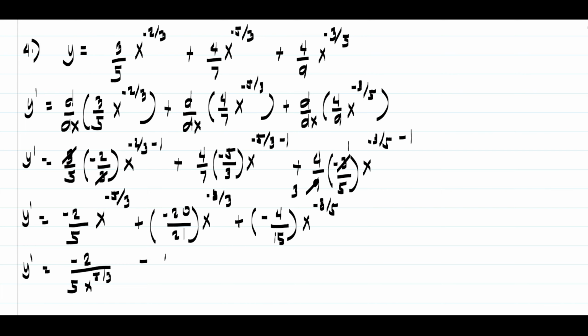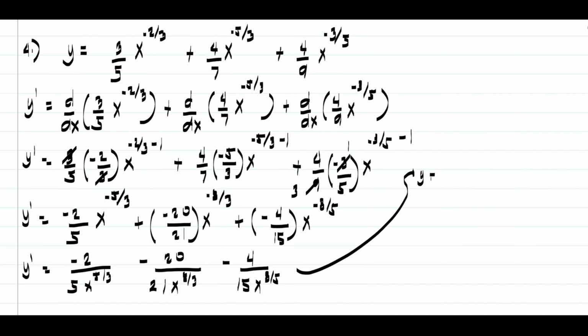Positive times negative is negative 20 over 21 x raised to 8 over 3. And then positive times negative is negative 4 over 15 x raised to 8 over 5. So again, we are going to write this one into radical form.